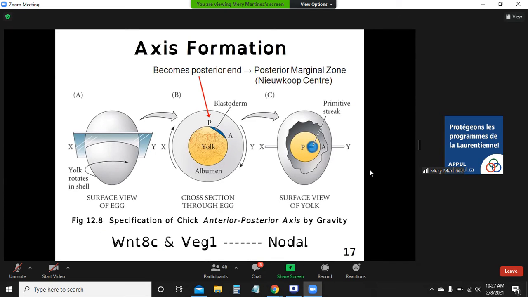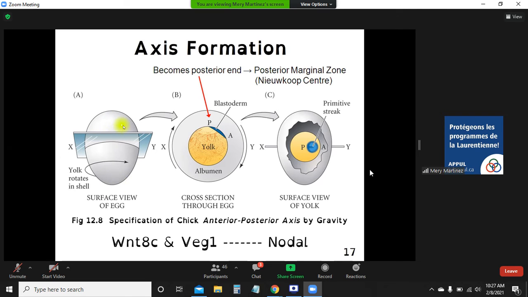Now, the conversion of the radially symmetrical blastoderm that we had in here to a bilaterally symmetrical structure with an anterior-posterior polarity is accomplished simply by gravity. Okay, so we have here the egg in the oviduct, and this egg normally does rotations very slowly.